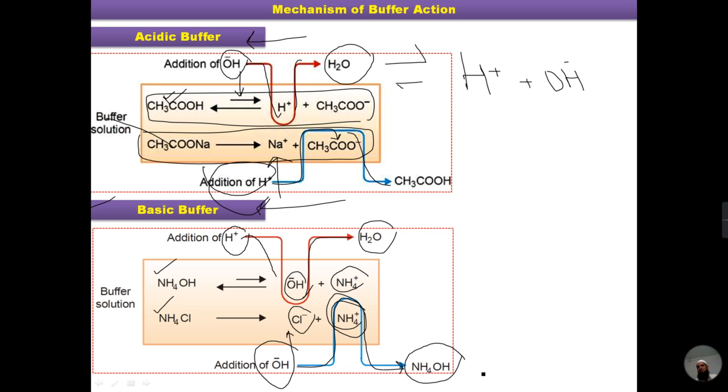That means the change in pH will also be less accordingly. So overall it prevents the change in the pH of the solution, or it stabilizes the pH of the solution, even though we are adding external acid and base in the form of H plus and OH negative. So this was about the mechanism of buffer action and the basics about buffers.